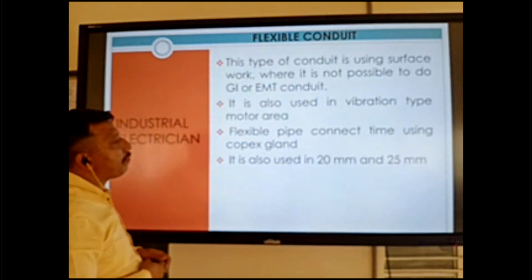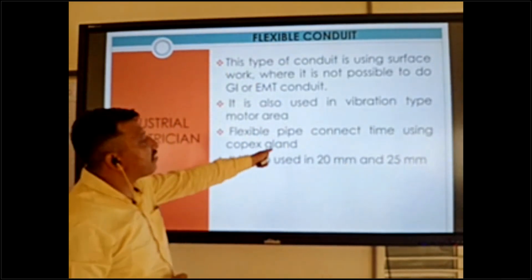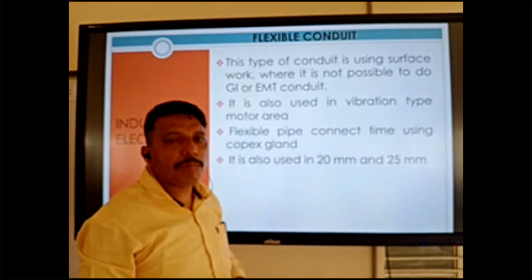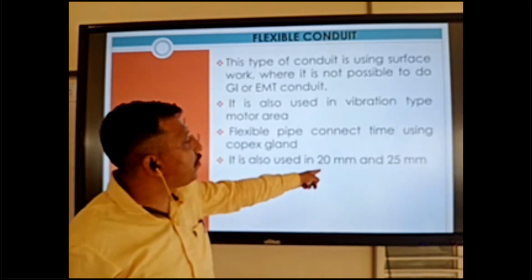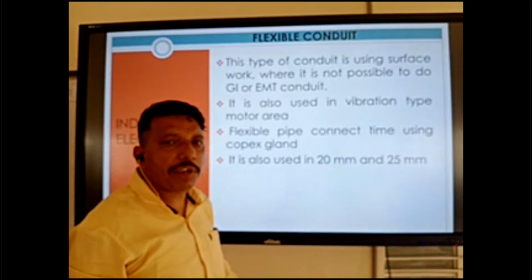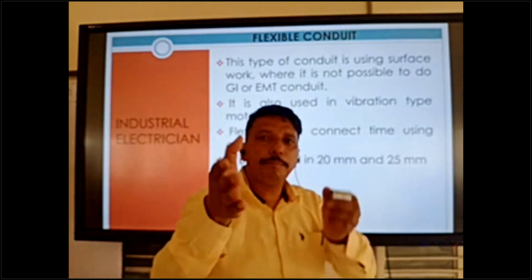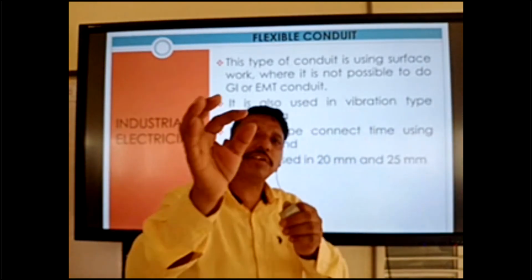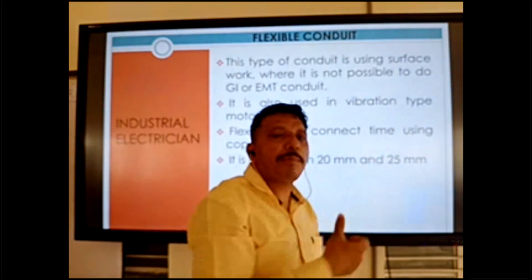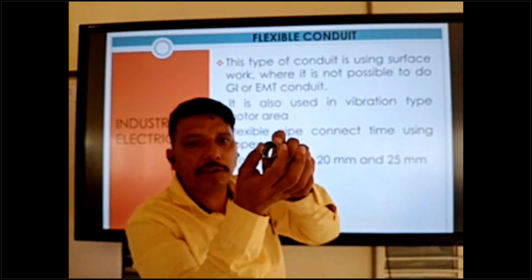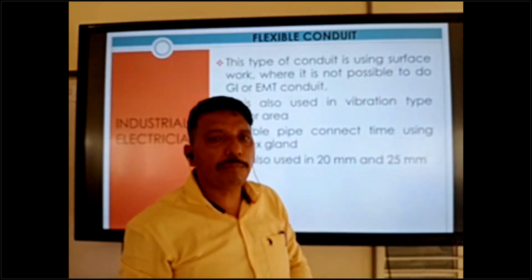Okay, and when connecting flexible pipe, we use a Copex gland. It is also used in 20 mm and 25 mm as per your pipe route system. If 20, you can use 20 mm. If your route is 25 mm GI conduit, you can use 25 mm flexible pipe also.